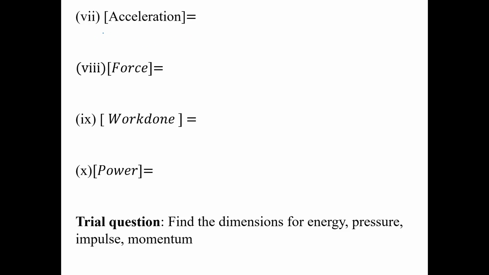Okay, so let's begin. Acceleration. Acceleration is got from the change in velocity over the change in time, which means therefore that the dimension of acceleration is the same as the dimension of velocity divided by the dimension of time.